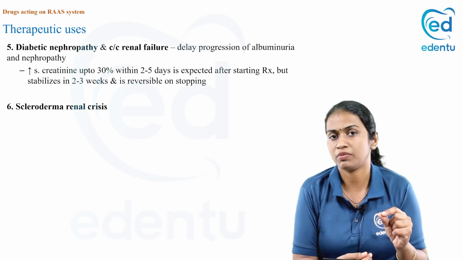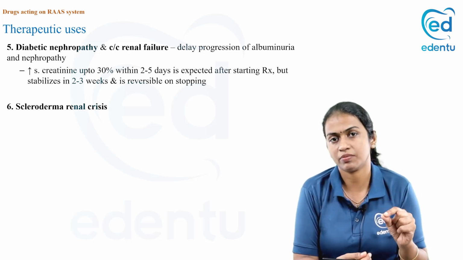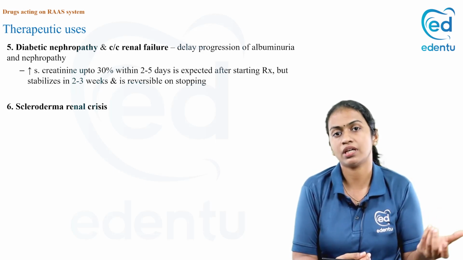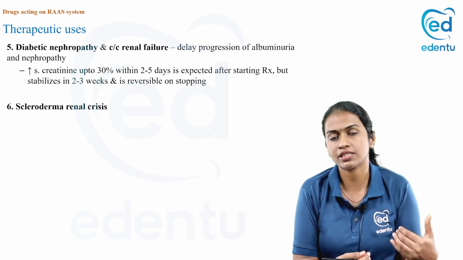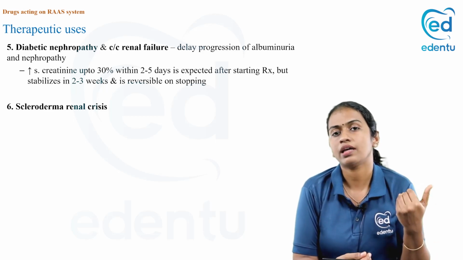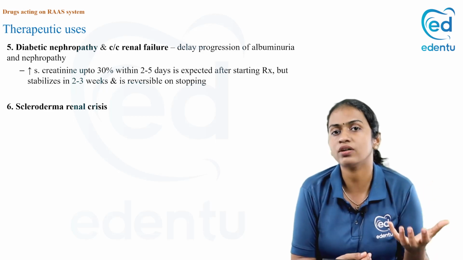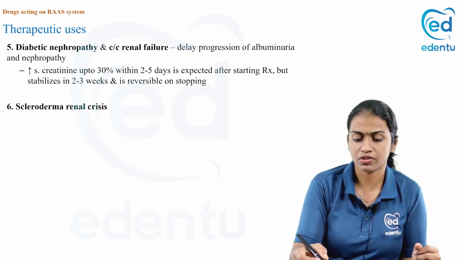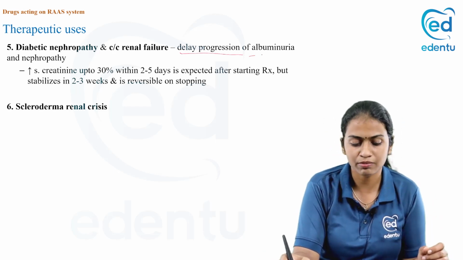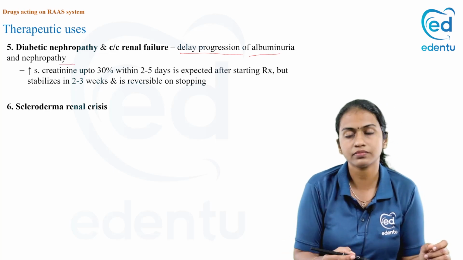So if there is microalbuminuria and you start ACE inhibitors, it is shown to delay the progression of diabetic nephropathy. Or if you start earlier, if the patient is diabetic and is found to be hypertensive, if you start him on ACE inhibitors, it is found to delay the onset of diabetic nephropathy. So it delays the progression or prevents the occurrence of albuminuria and nephropathy.